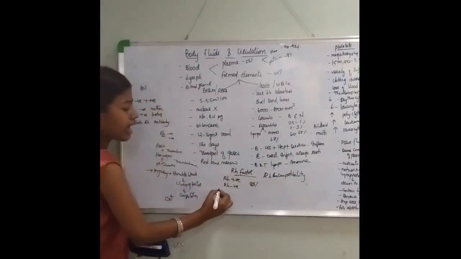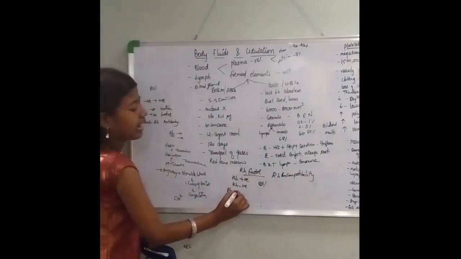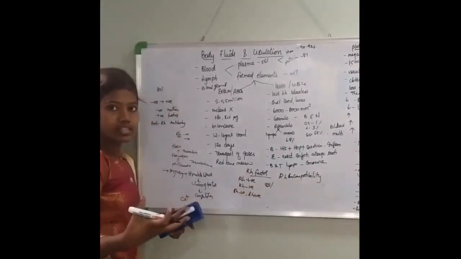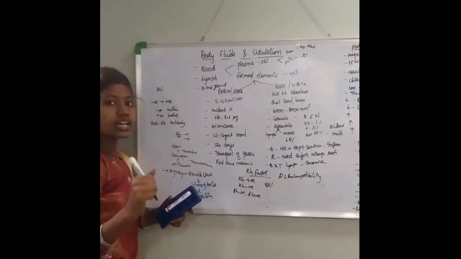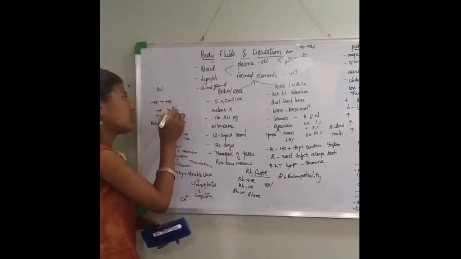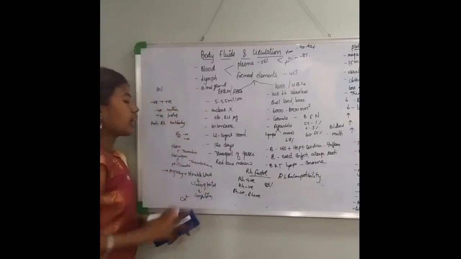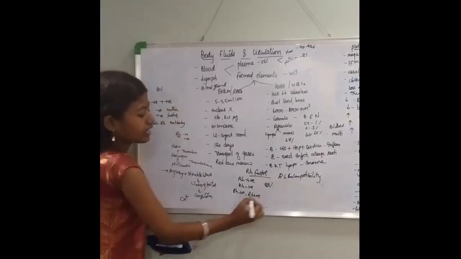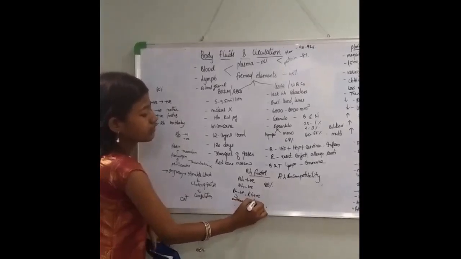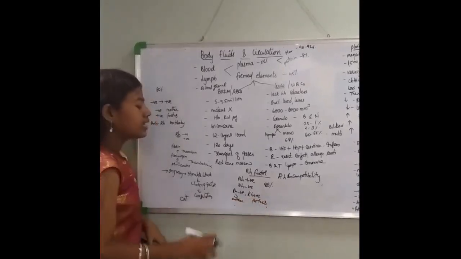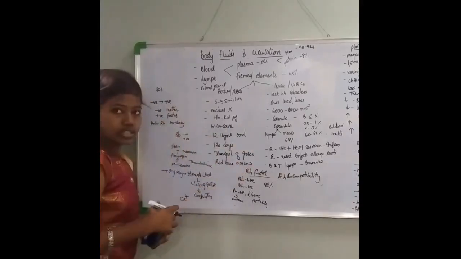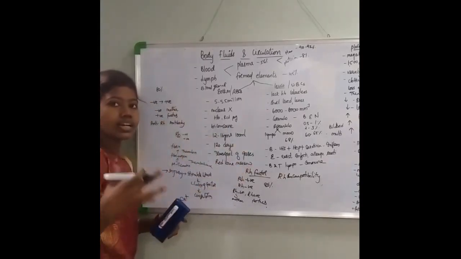Now you have RH negative and RH positive. During the first pregnancy, that is the initial pregnancy, the mother is RH negative and the fetus is RH positive. RH negative is mother, RH positive is fetus, right? So when RH negative comes in contact with RH positive, antibodies are developed, right?